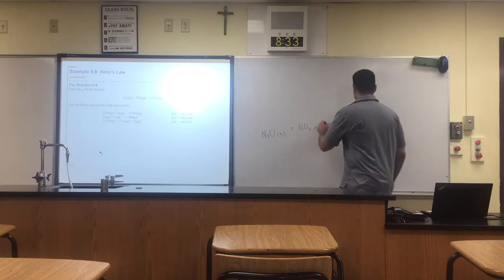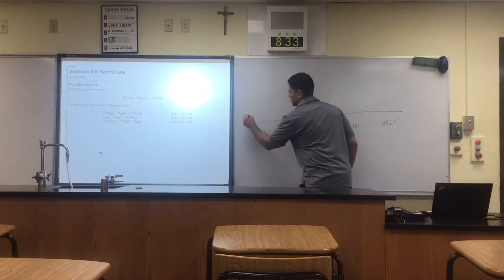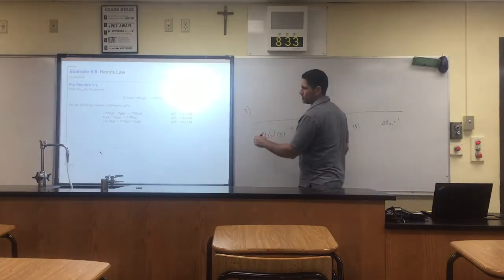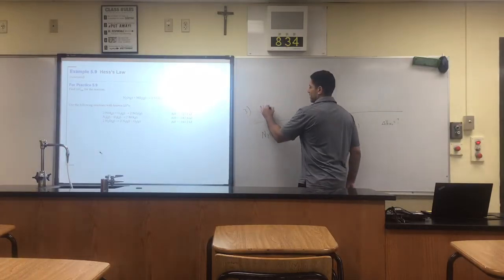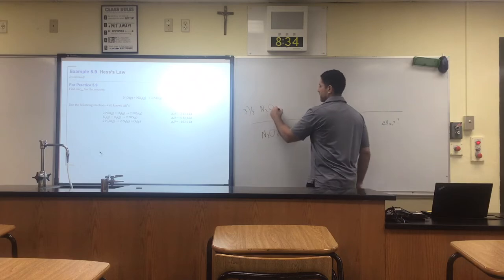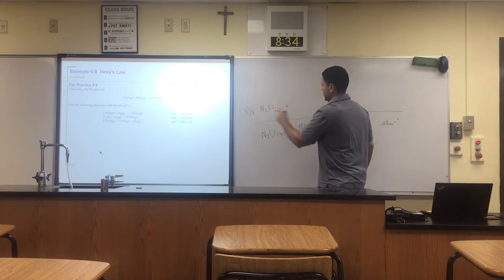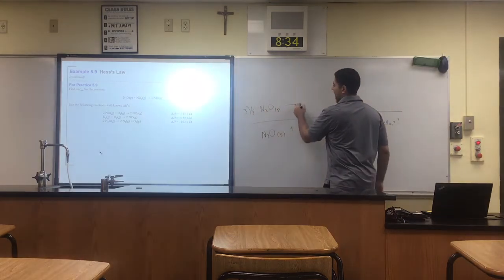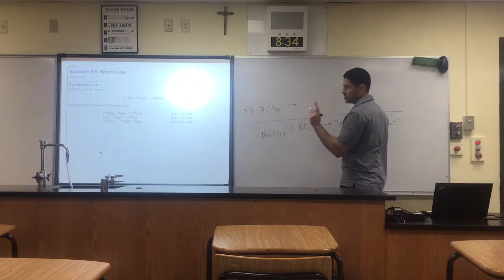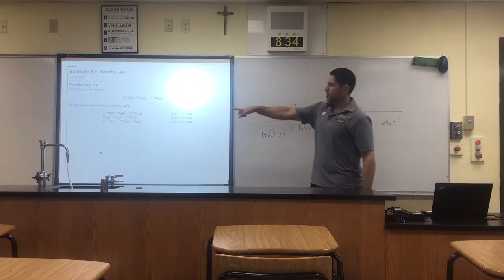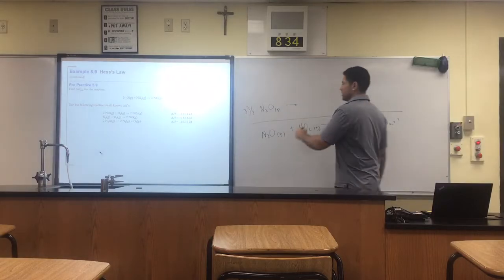If you multiply it by a half, this is what we're doing. You get N2O gas. You multiply the other 2 by a half, and you're going to have fractions, and that's normal. But this one, half of 2 is 1, so you get N2.